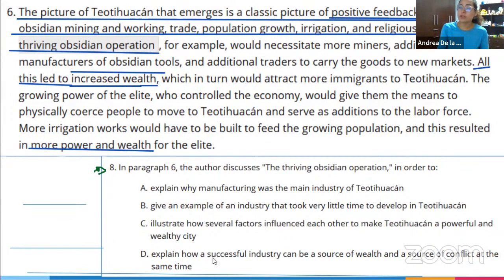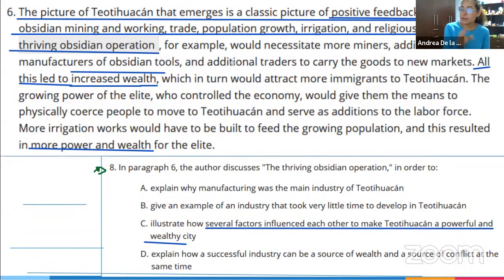The only one that talks about the same idea is option C, because it says, illustrate how several factors influenced each other to make Teotihuacan a powerful and wealthy city. That's the main idea, right? Because all of these factors, mining, working, trade, population growth, influenced each other to make Teotihuacan a powerful and wealthy city. Now, another thing that you guys can do to maybe eliminate a few options is also take a look at the way, ask yourself.